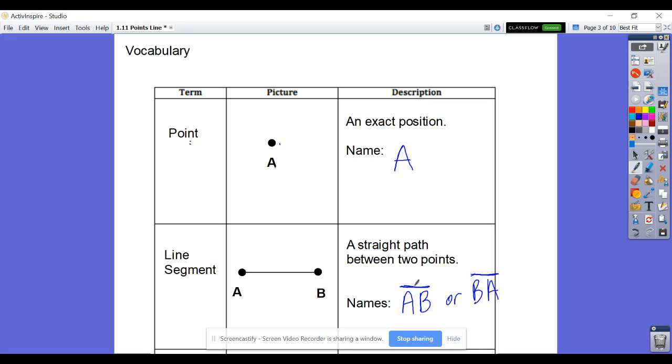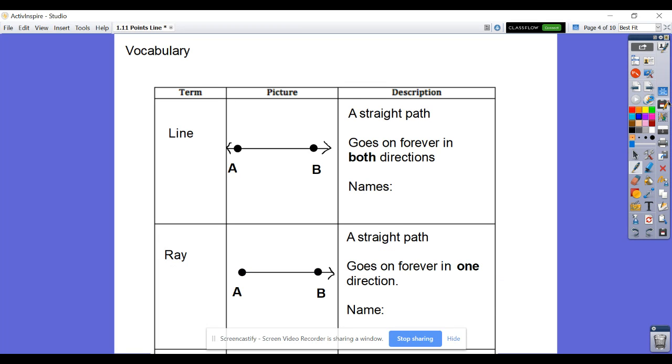If I don't put this symbol at the top, people are not going to know that I'm talking about a line segment. And then you're also going to write it as BA. And look, I could trace that and realize, okay, AB, I was naming that line segment. BA, oh, check that out. It's the exact same thing. So it has 2 possible names.